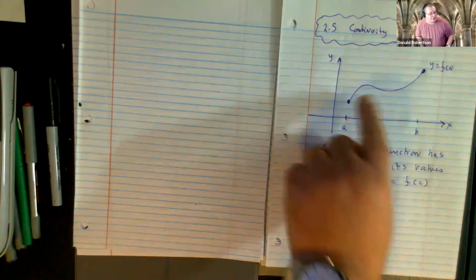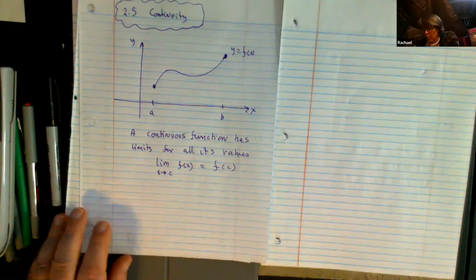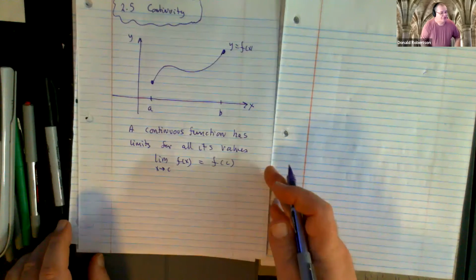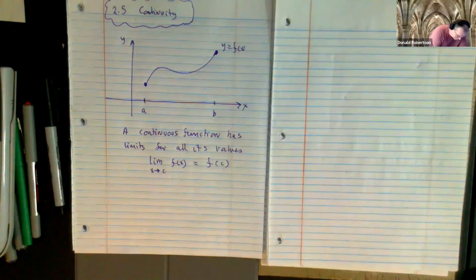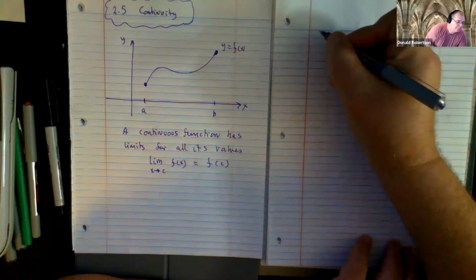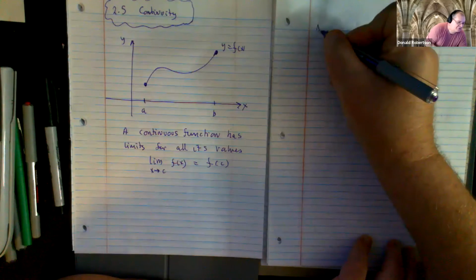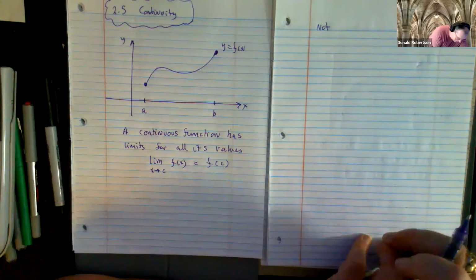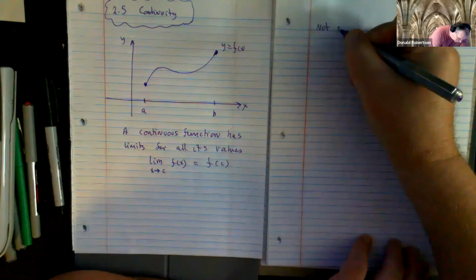So would you agree that is just a nice smooth curve? That's what continuous looks like. So we are going to look at all the things that are not continuous. Parts of a graph, and it's typically parts of the graph, right? One place that has a problem. And we're going to look at when it's not continuous.